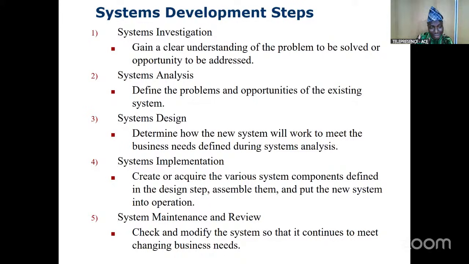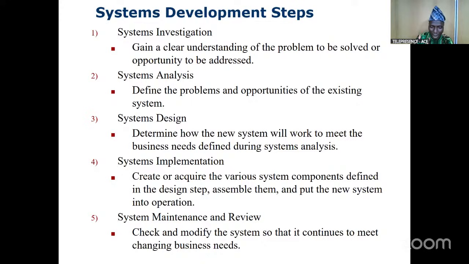Two, system analysis. You define the problem and opportunity of the existing system. Three, the system design. Design how the new system will work to meet the business need defined during the system analysis. Four, system implementation.